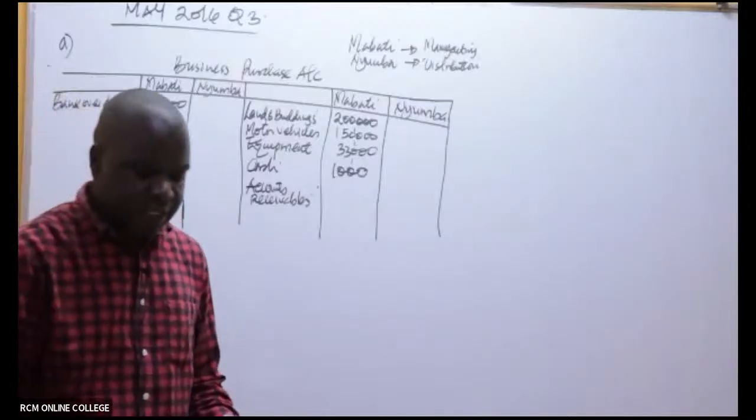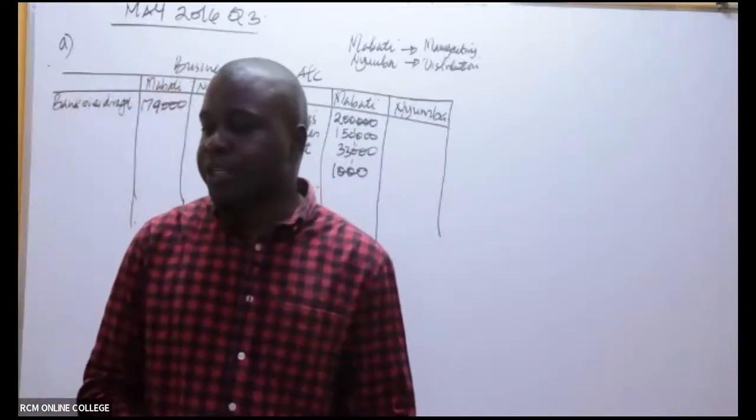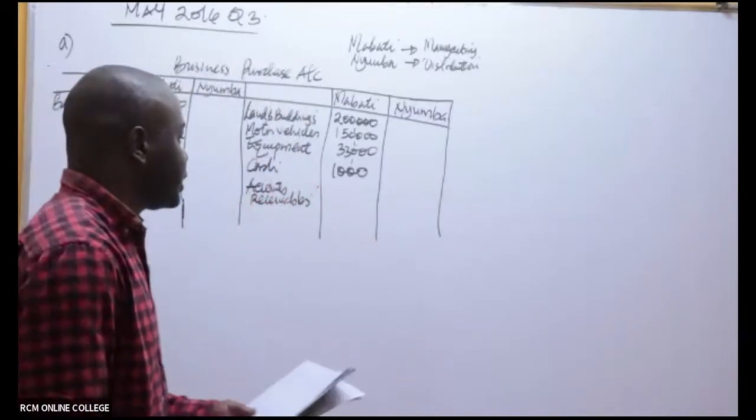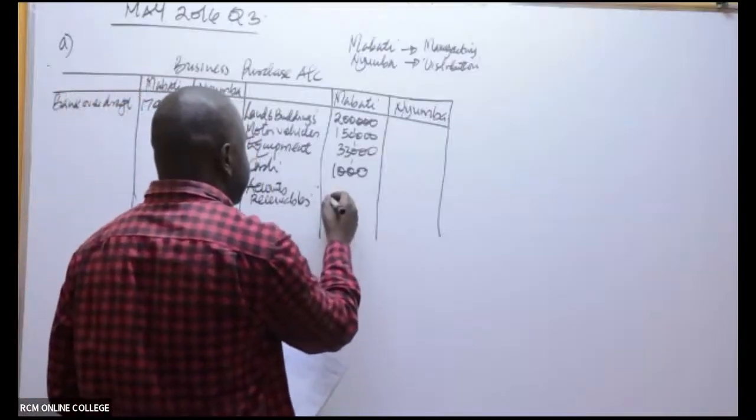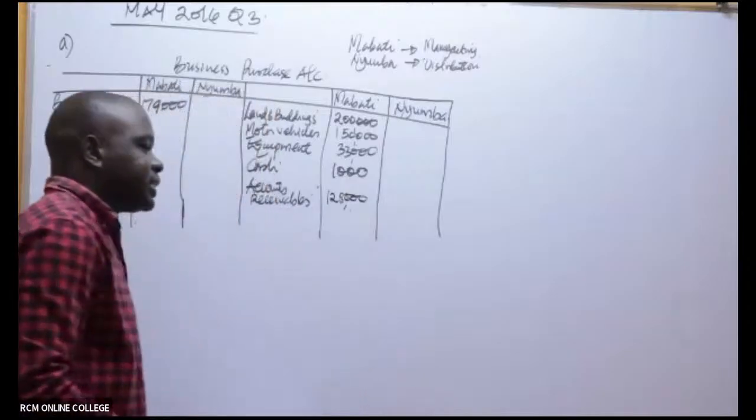I can see you're saying 460. I think it is exactly 128,000. While in this case, Nyumba will take their share.